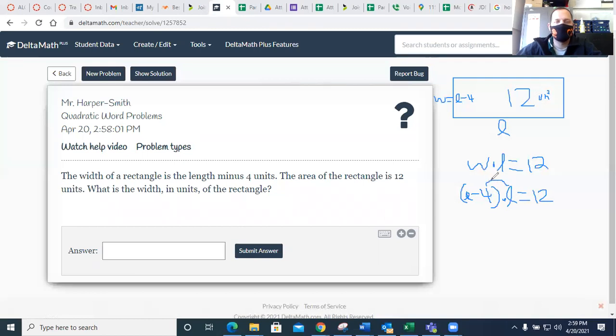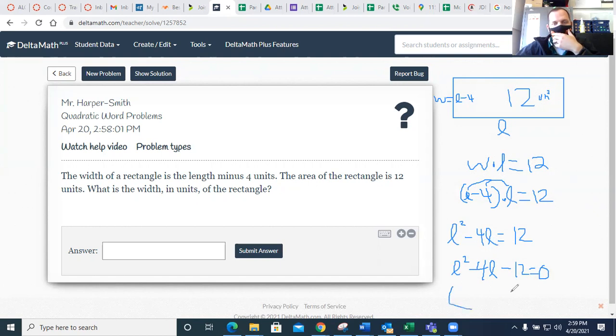And distribute my L. It's going to give me L squared minus 4L equals 12. I'm going to subtract 12 from both sides. It's going to give me L squared minus 4L minus 12 equals 0.